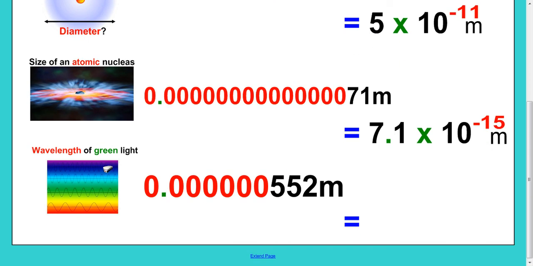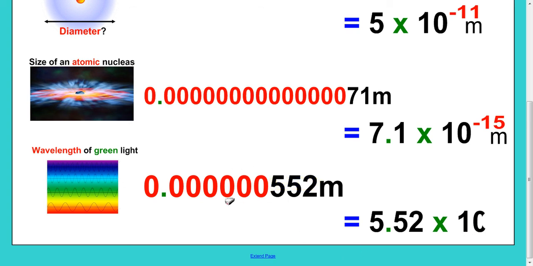Right, last example. This is the wavelength of green light. It's 0.000000552 meters. We want to change this into scientific notation. Again, take your digit part at the end, 552. We want to create a number between 1 and 10. So put a decimal point here after the first digit, 5.52, times 10 to the power of.